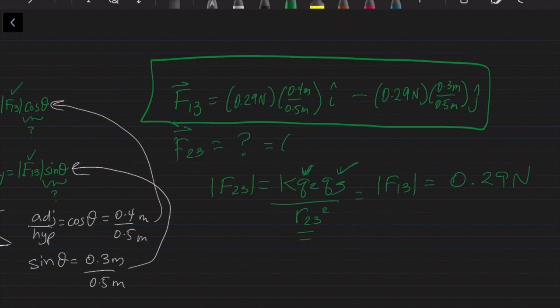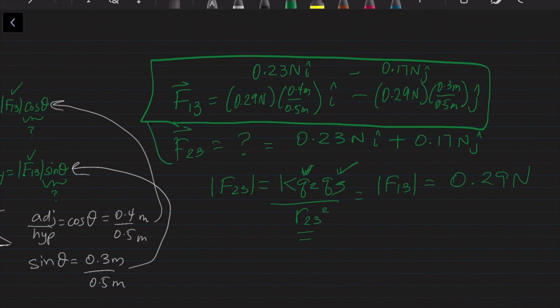We didn't write down what these values were, so let's go ahead and do that. 0.29 times 0.4 divided by 0.5 gives you 0.23 newtons. The y component becomes minus 0.17 newtons. By comparison, our F23 is going to have the exact same x component, and the y component will be the same magnitude but opposite sign, so it's going to have that plus.